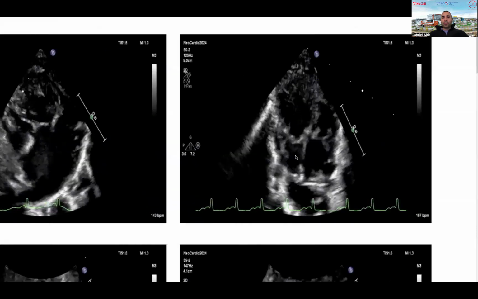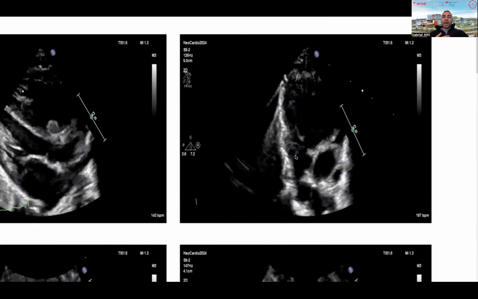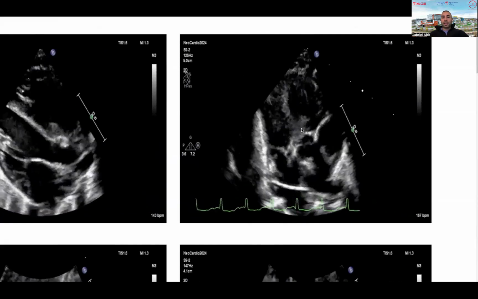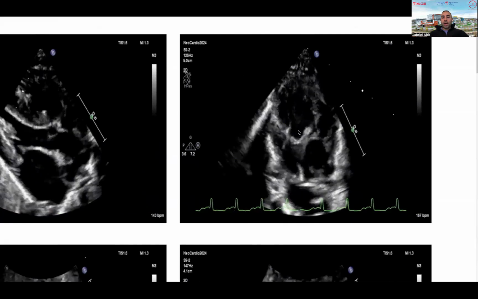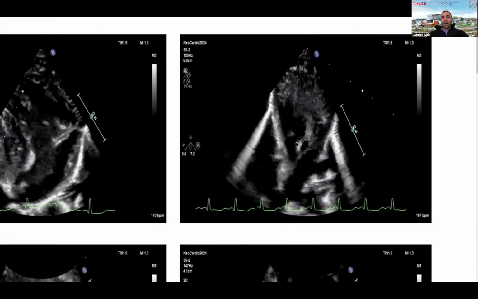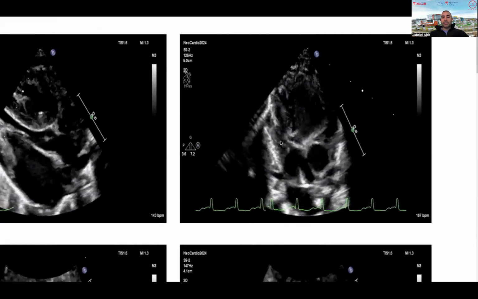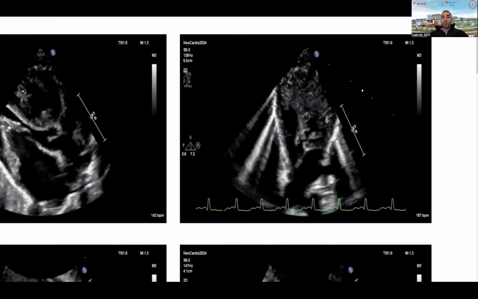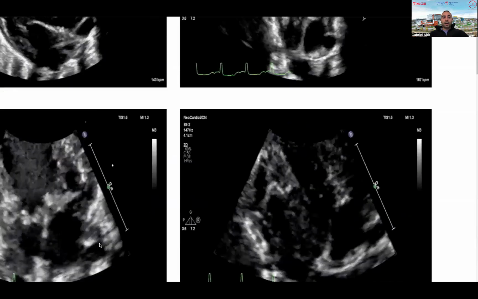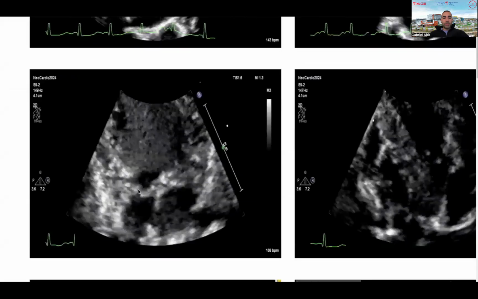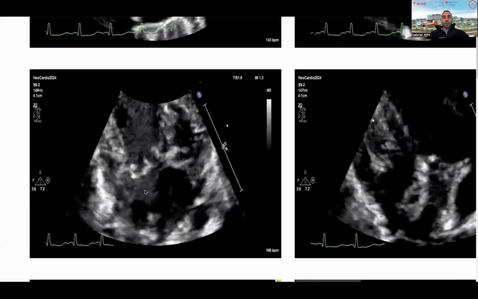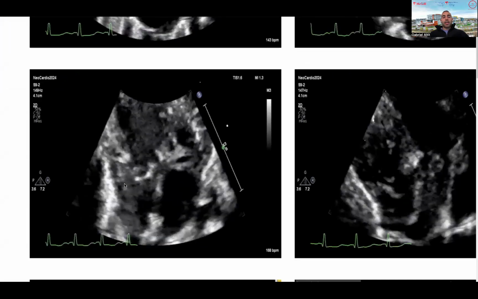Upon fanning the probe more anteriorly, we start seeing the RV outflow tract more precisely with the pulmonary valve here, and it's quite striking that the RV outflow tract looks narrowed and that the pulmonary valve, which there is a zoom of here, looks crowded.